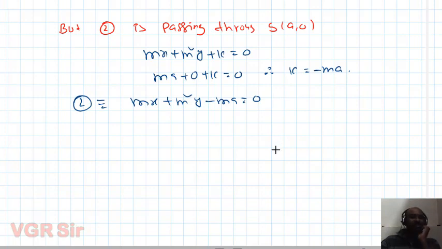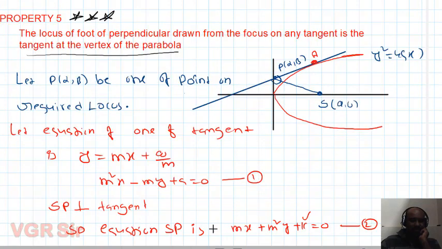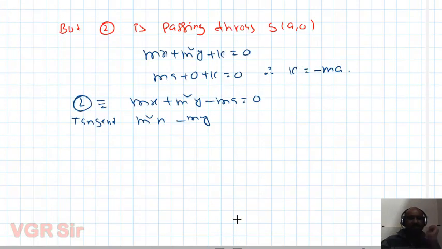Now I want to solve SP and the tangent. The tangent equation is m square x minus my plus a equal to 0. Students, actually we need to find the point of intersection of these two.